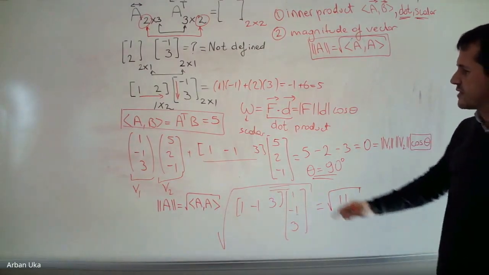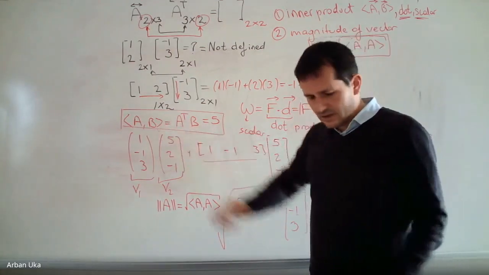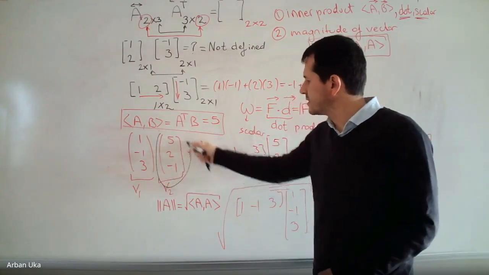Now, what is the magnitude of the second vector, of v2? Let's see this one. What is the magnitude of this?